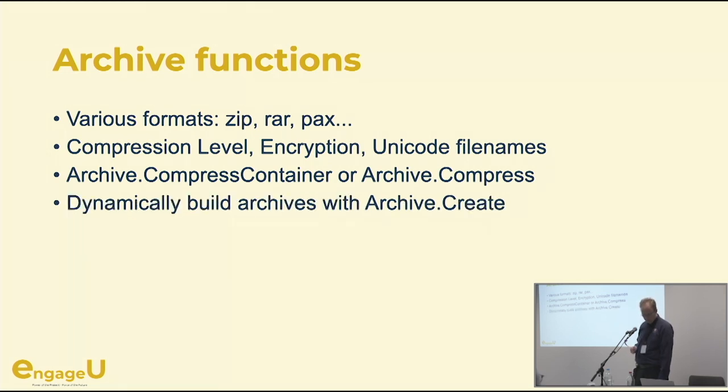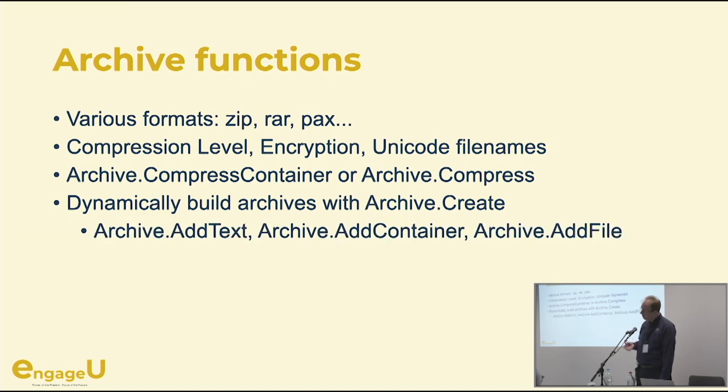If you want something more dynamic, we have archive create, where you would create an archive in memory or on disk, and then you would loop over your data and just add files as needed from container, from files on disk, or just some text. And then when you close it, you either have the file on disk or you get back a container.